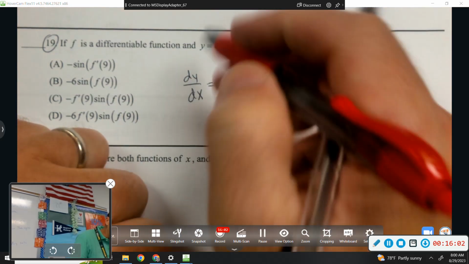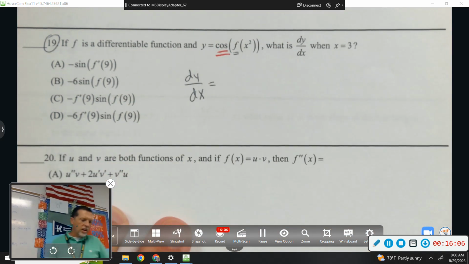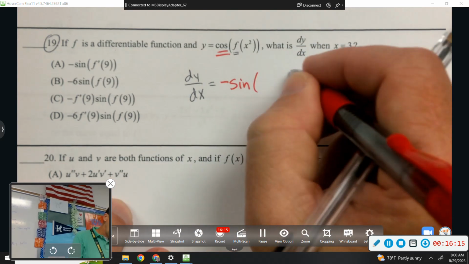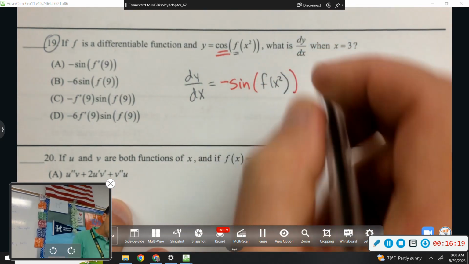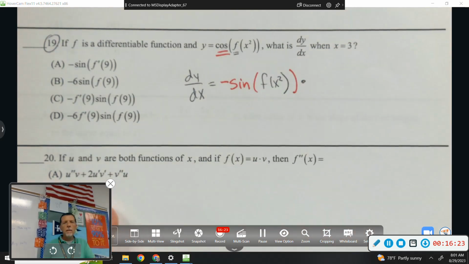So the first layer we come to is that cosine. What's the derivative of cosine? Negative sine. And then we leave the inside stuff alone. Okay, the next thing we come to is the f.